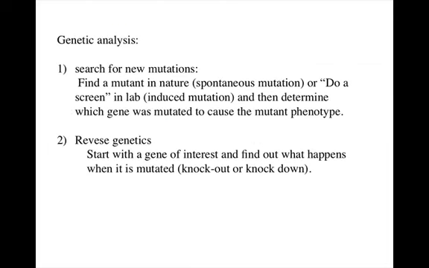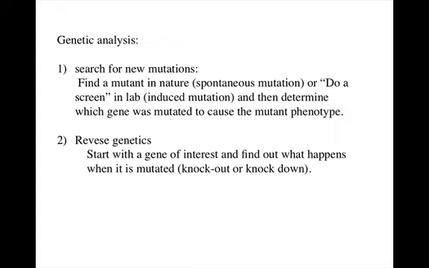When scientists do this induced mutation in this genetic analysis to produce new alleles, they have two different ways to analyze it. The first type is the traditional genetic analysis.